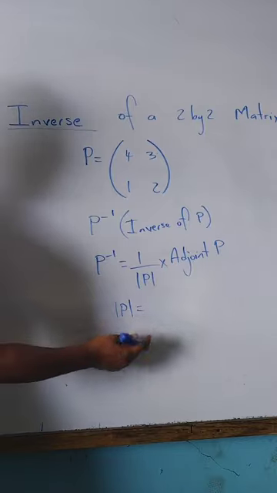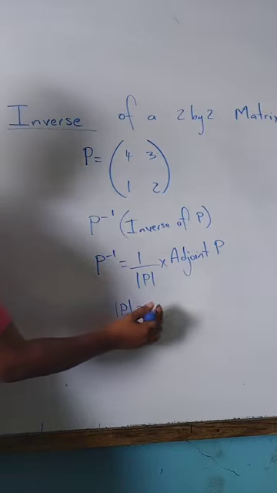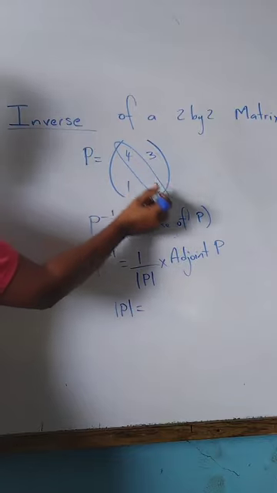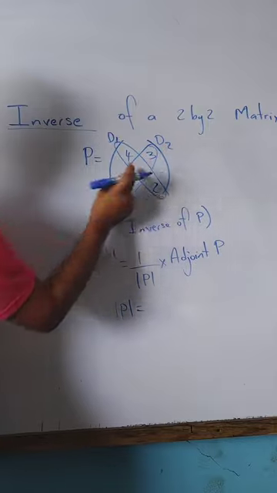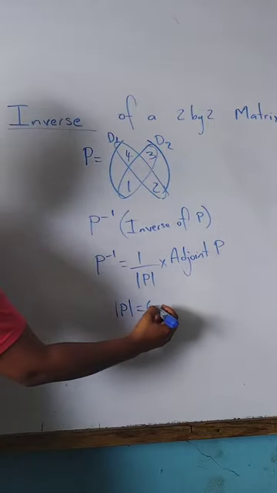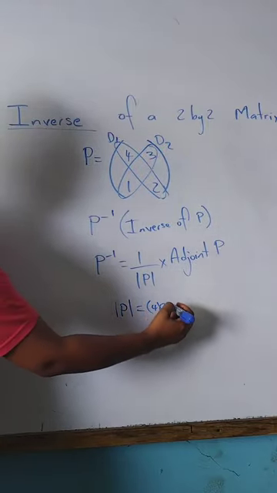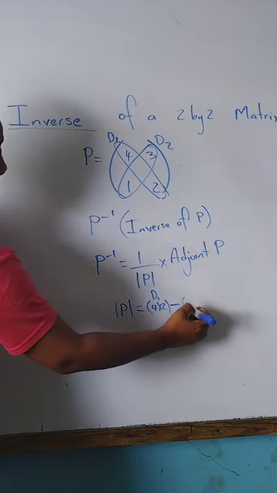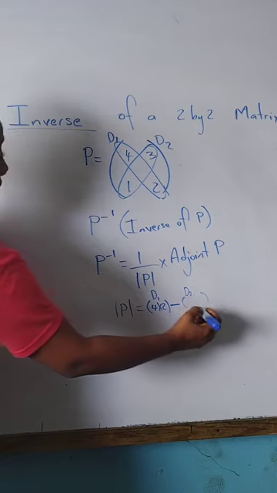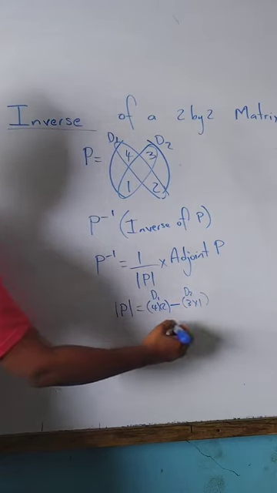The determinant of P is equal to, remember we're using our diagonals, diagonal 1, diagonal 2. In diagonal 1, we're finding the product of the elements on diagonal 1, and this gives me 4 times 2. Take away the product of the elements on diagonal 2, that gives me 3 times 1.